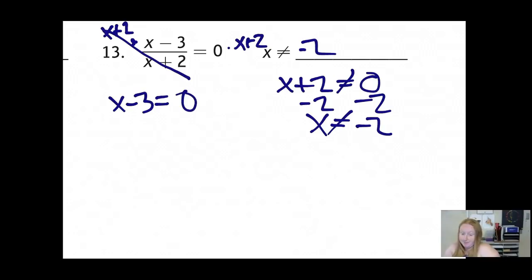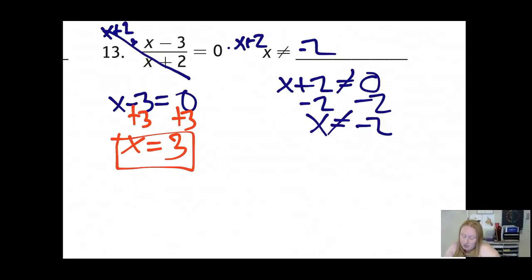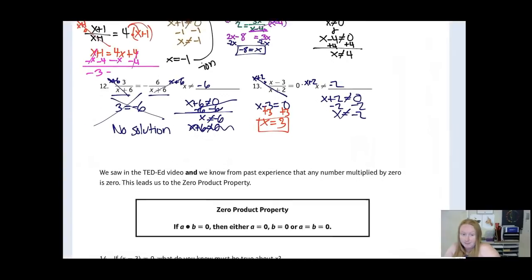I know that seems weird that the x plus 2 just goes away. It doesn't though. You multiplied it, you got a 0, and it's okay. So now I'm going to add 3 to both sides to get rid of that negative 3, sorry. And I get x equals 3. This checks with this, it's not negative 2. So we are all good.